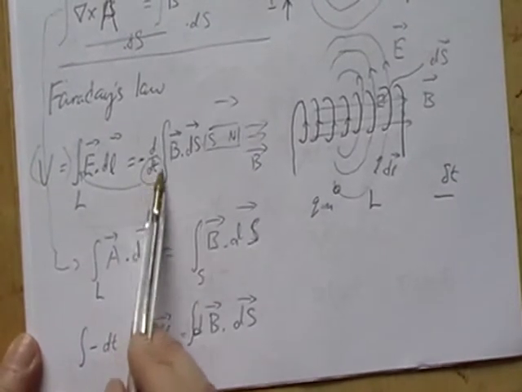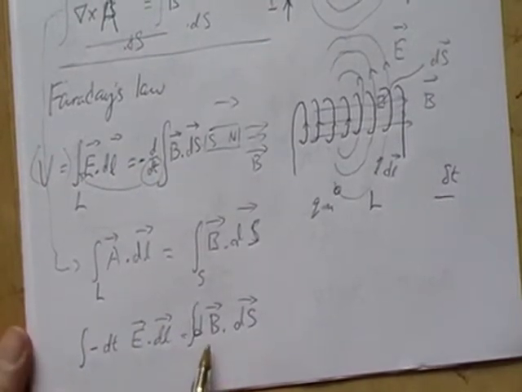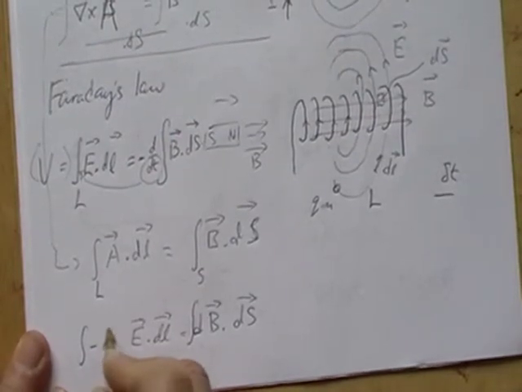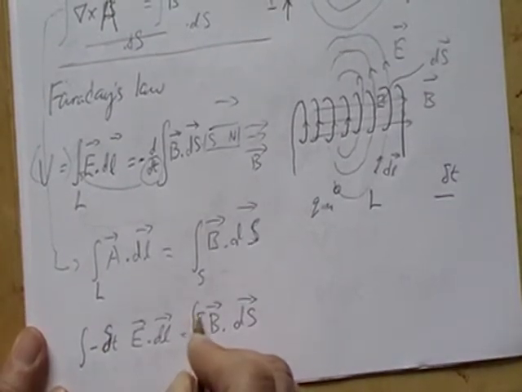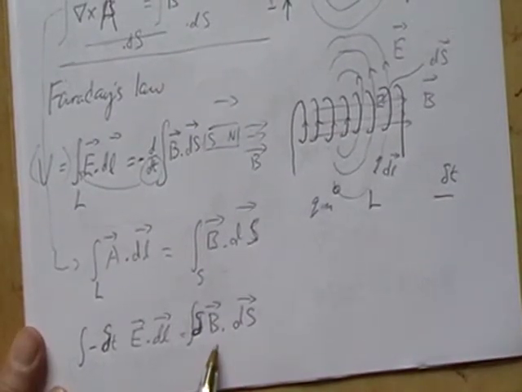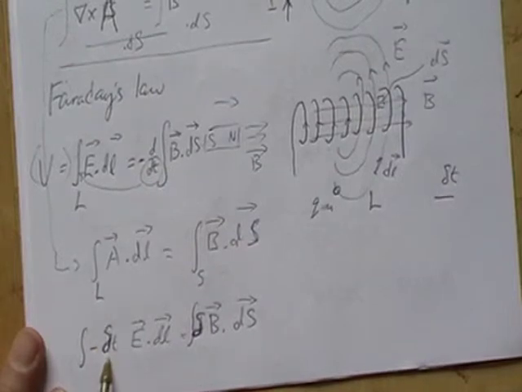Okay, when I bring minus dt over to the left, now it looks very odd to have a dB dot dS down here, so I shall think about this as a small change, just a delta t and a delta B. You can think of this as the effect of a small change in the magnetic field over a short time delta t.